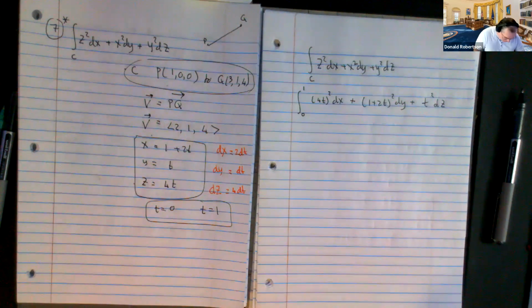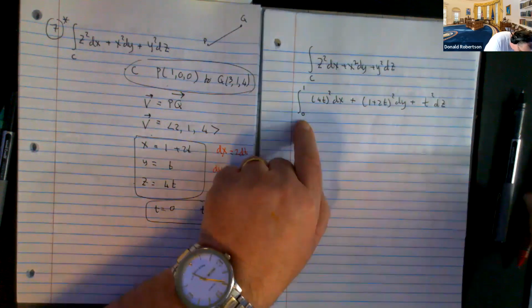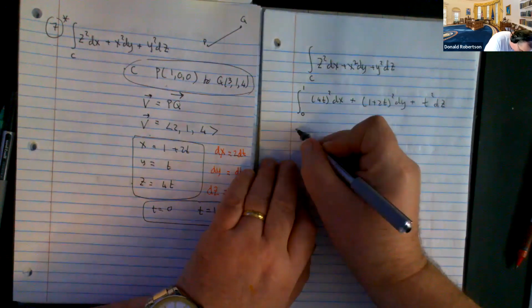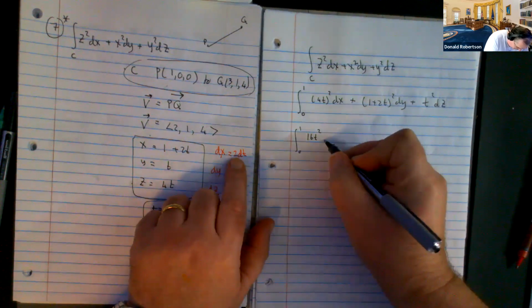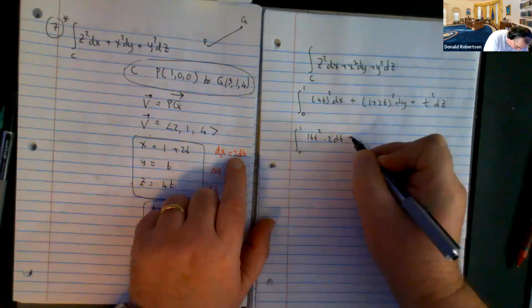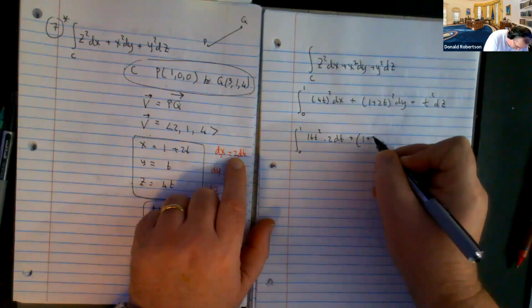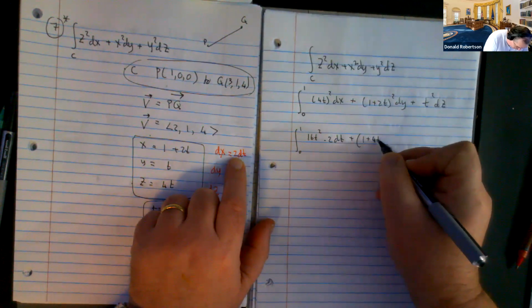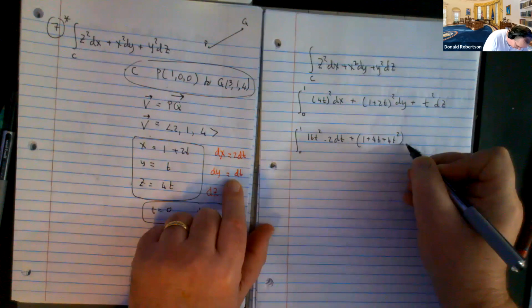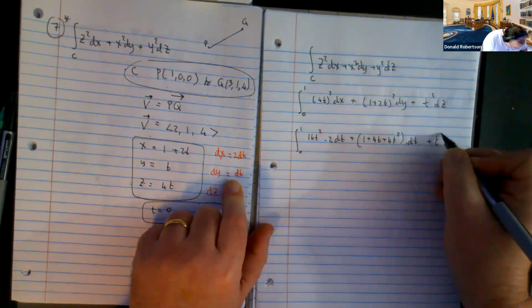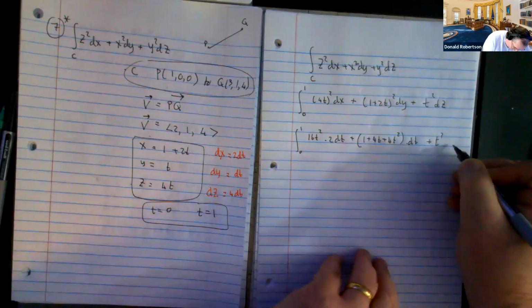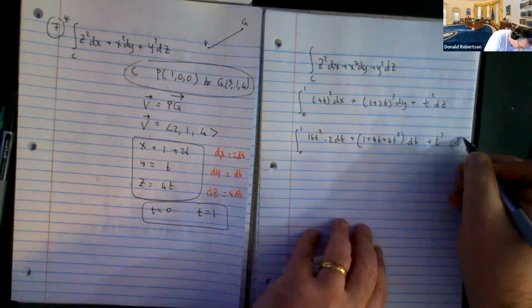Right. So returning back here, I'm going to have 16t squared times 2 dt. I'm going to have a 1 plus a 4t plus a 4t squared times 1 dt. And I'm going to have a t squared times a 4 dt. So I'm now going from 0 to 1.